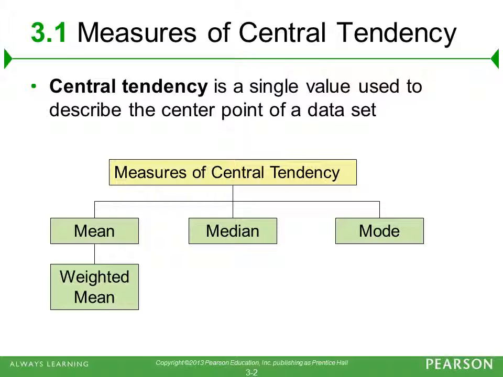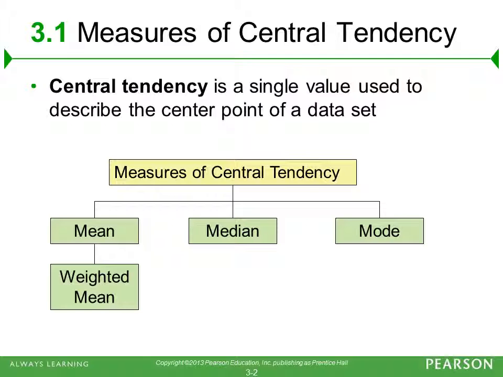The most widely used statistic in the world is the mean. Mean is also referred to as average, and that is the center point of the data, acquired by adding all the values and then dividing by how many there are.